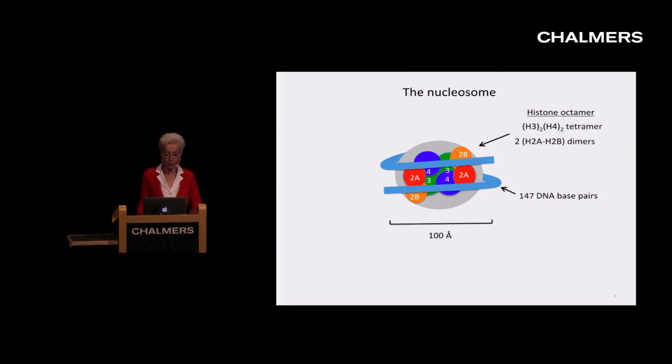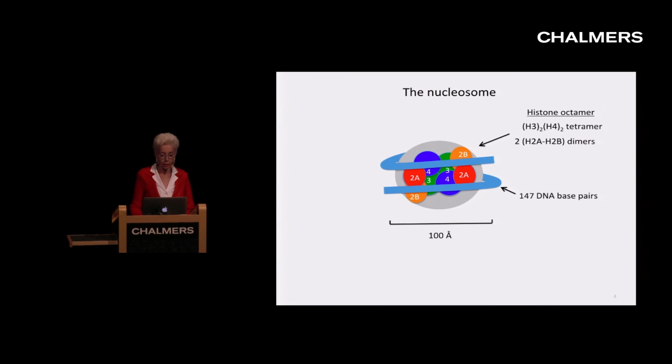The 8 histone proteins are arranged as shown here, with the H3, H4 tetramer in the center of the particle and the H2A, H2B dimers towards the periphery, where DNA enters and exits the particle. Double-stranded DNA is rigid, so bending around a particle with a diameter of only about 100 angstroms imparts considerable strain.